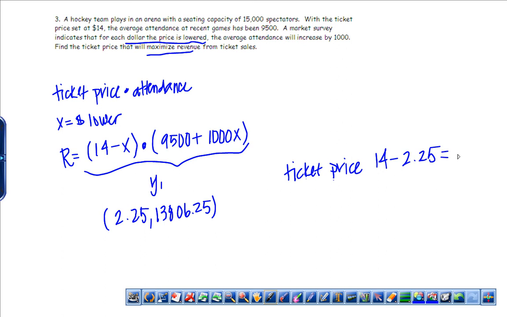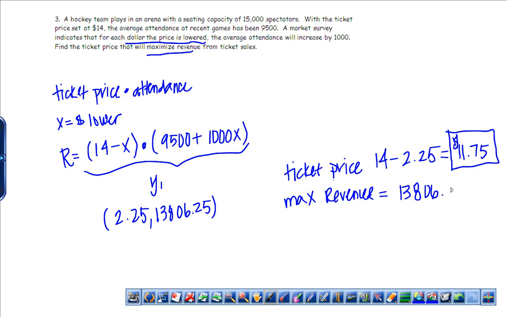So our ticket price is $11.75. And then the maximum revenue from this ticket sales is right here. So the maximum revenue is given. $0.25 there.